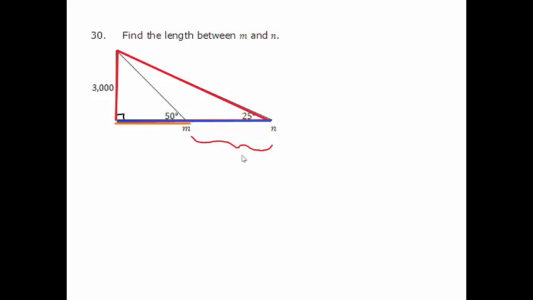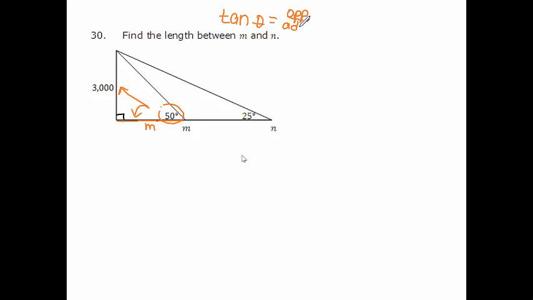I'm going to set up two trig functions to find these two lengths. I'm going to start with finding what I'm going to call distance M. Since my angle is 50 degrees, I have the opposite, and I'm looking for the adjacent leg. That's the tangent function. The tangent of the angle is opposite over adjacent.